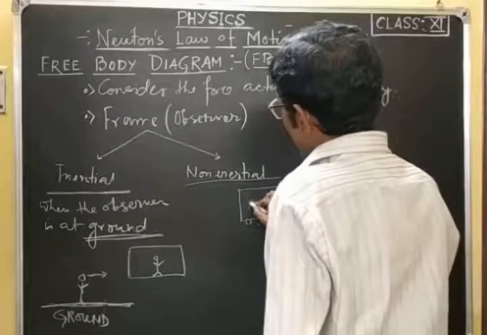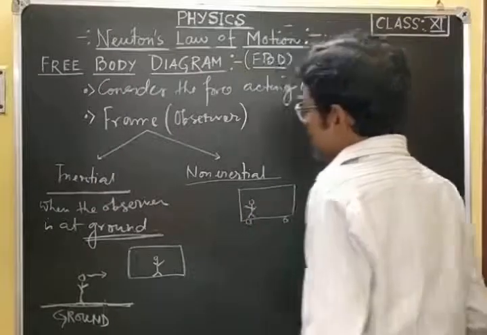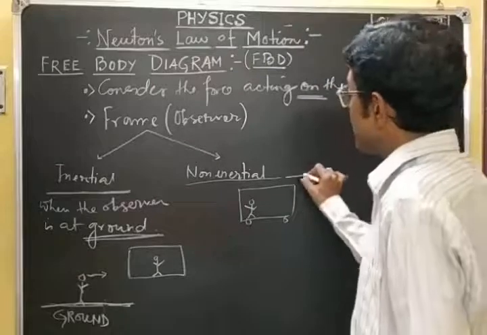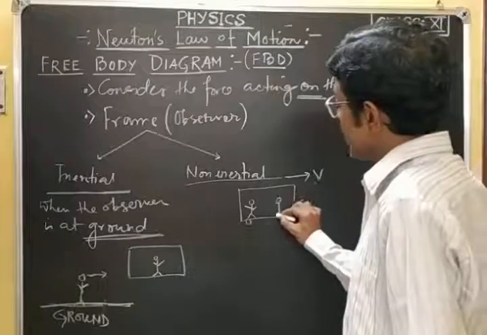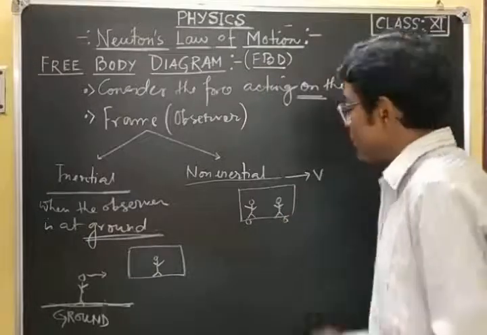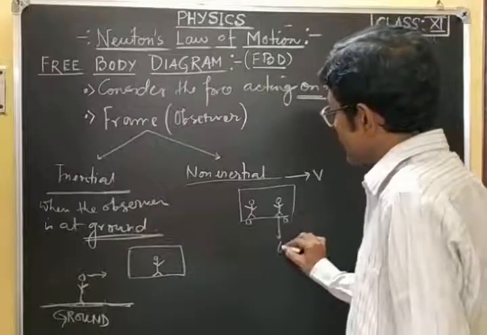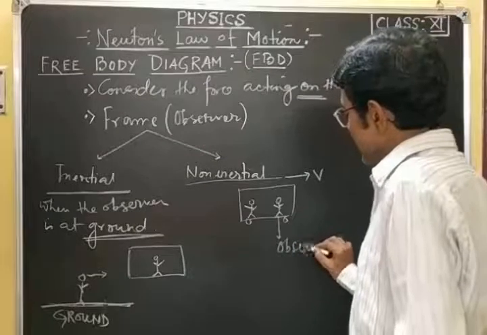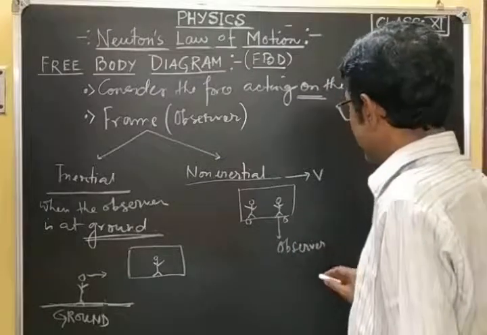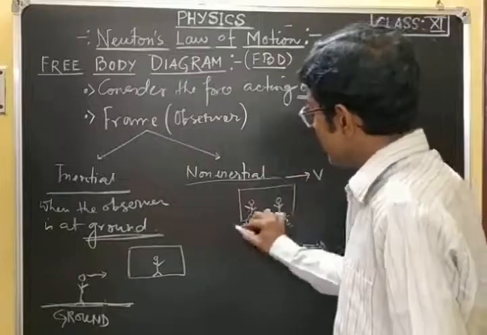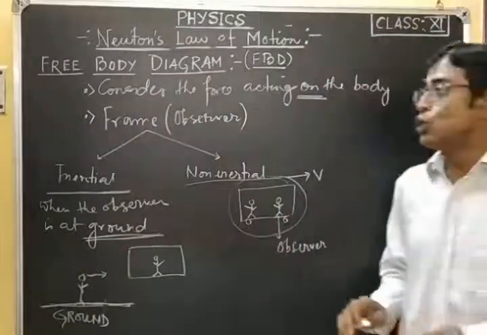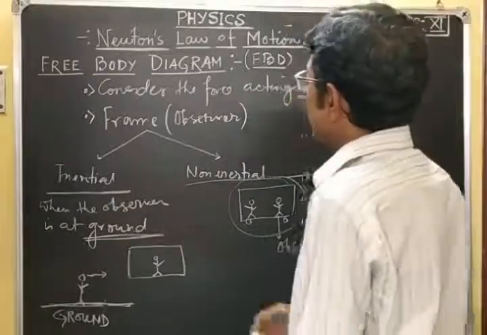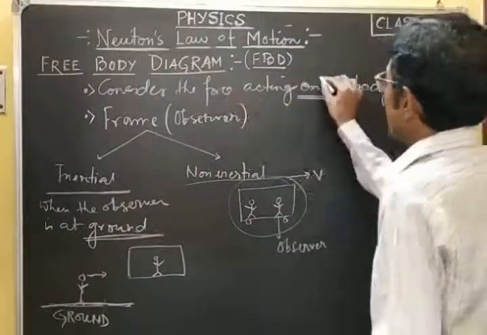I have told you in the time of relative velocities, this body is moving with certain velocity v. Another person is inside that vehicle. If he is the observer, then this type of frame is called a non-inertial frame.